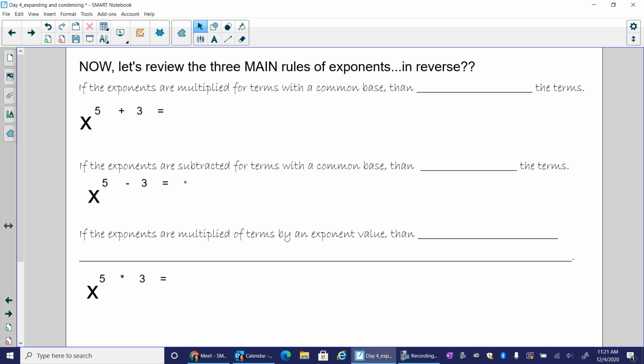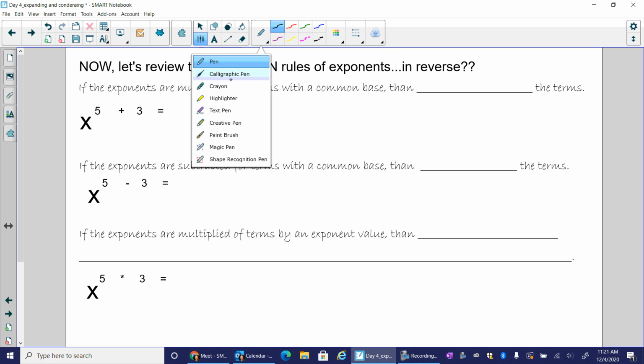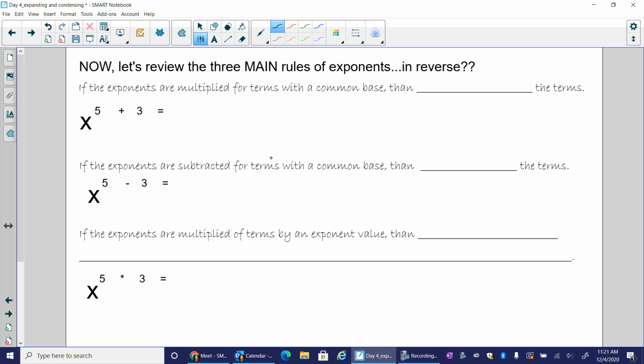If the exponents are added for terms with a common base, then, again, we're thinking about this in reverse, the original problem could have been x to the fifth times x cubed.